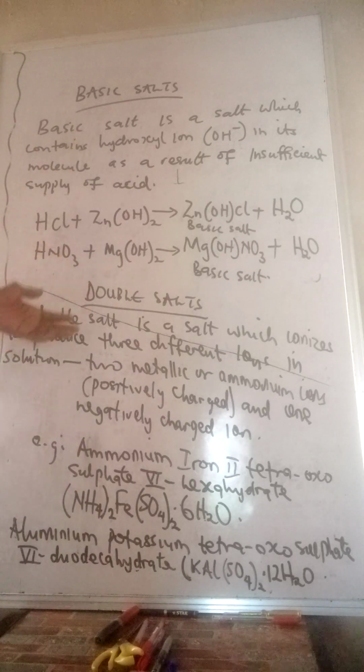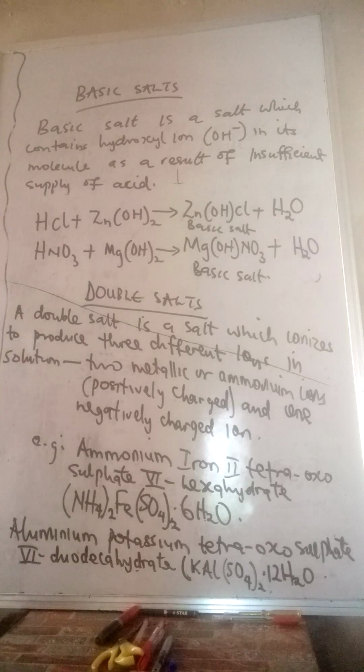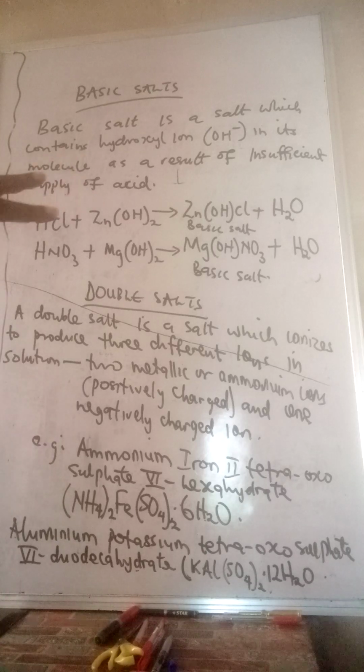Then double salt. Double salt is any salt that when it ionizes in solution, it will produce three different ions. Yes. So any salt that can produce three different ions in solution is a double salt.